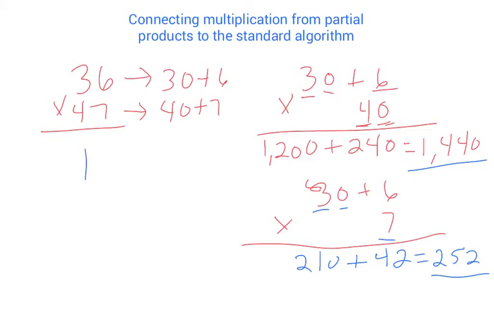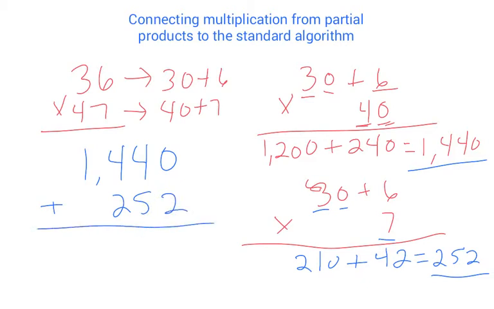So if I add my partial products together, 1440 plus 252, our final product is 1692.